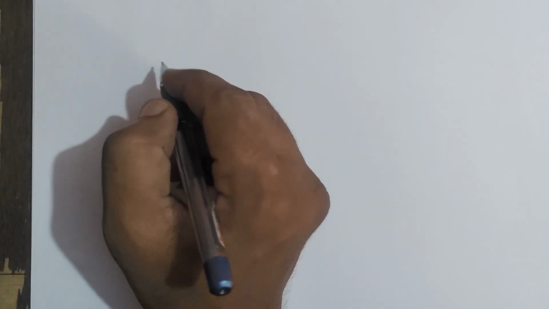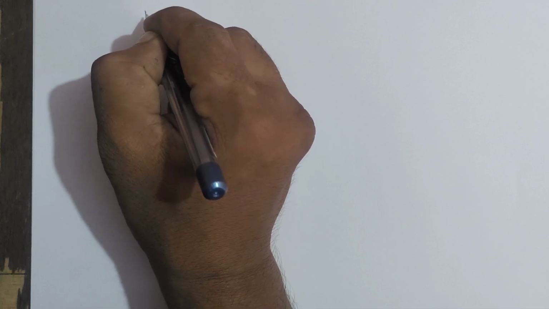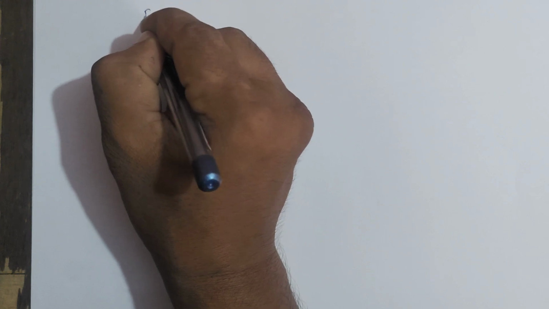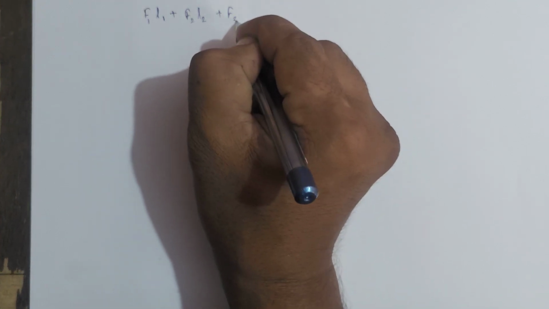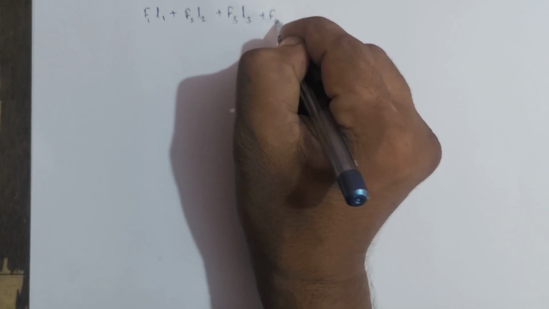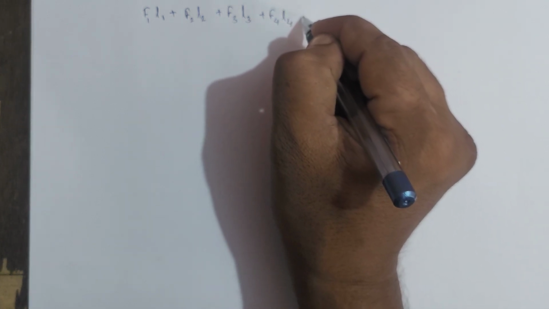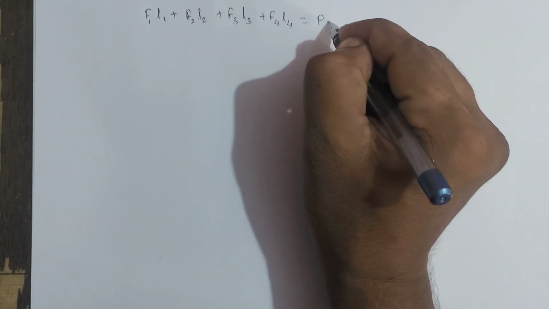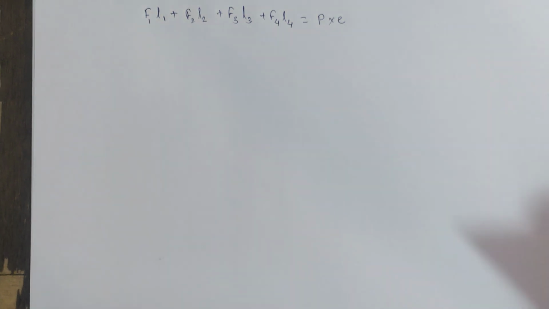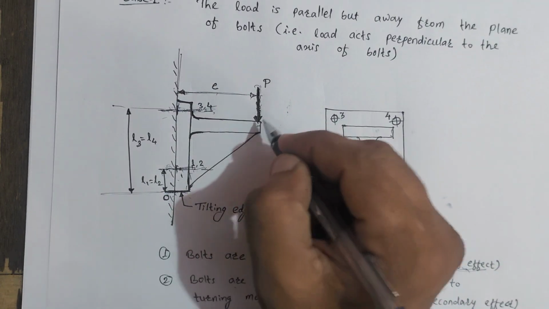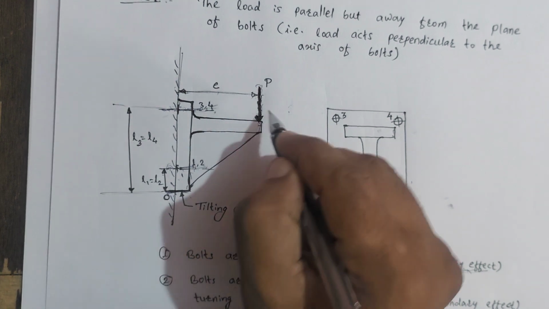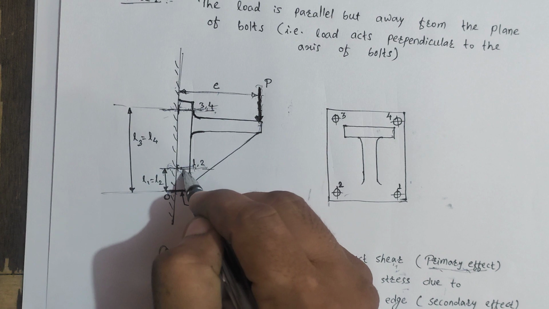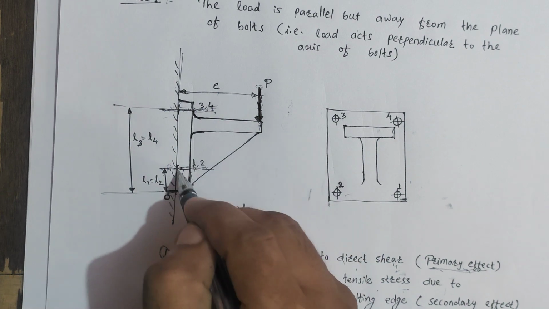If we consider the equilibrium, so from the equilibrium of the bolt system we can write F1 L1 plus F2 L2 plus F3 L3 plus F4 L4, and there is an opposite direction moment produced by P into E. So again see in the figure, the moment produced by the P about the tilting edge is in clockwise direction, whereas the moment produced by the reactive forces of the bolts is in the opposite direction, and that's why this will be the equation.